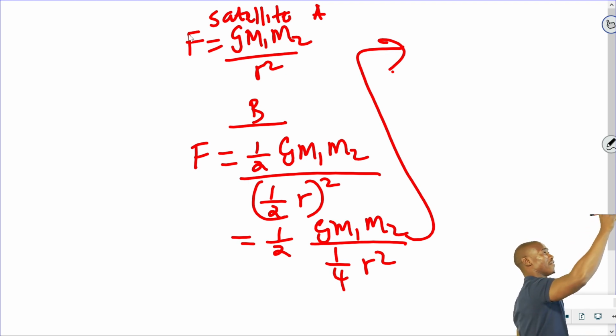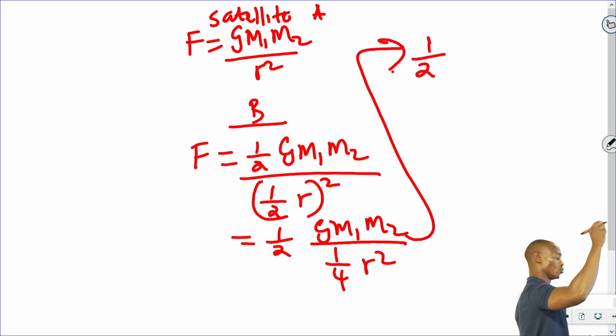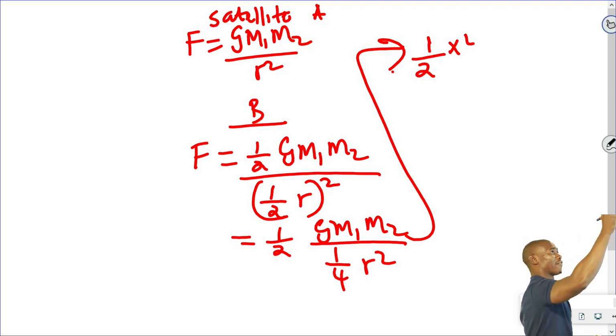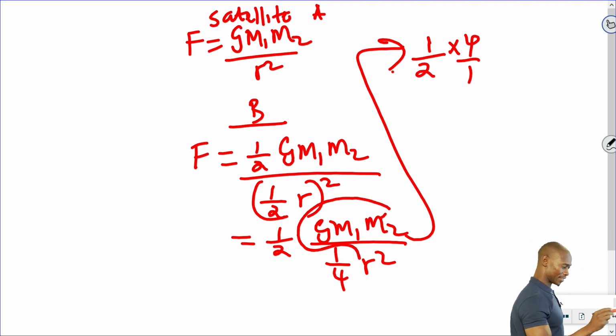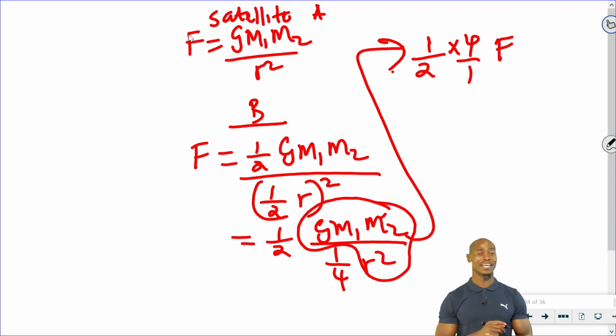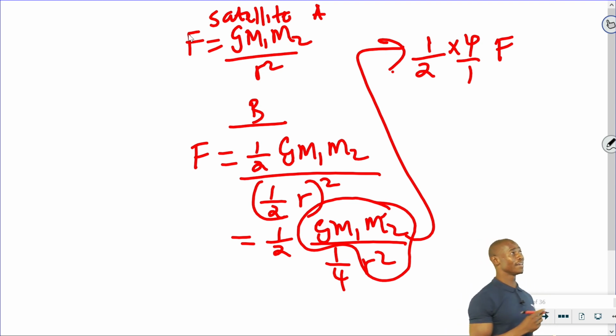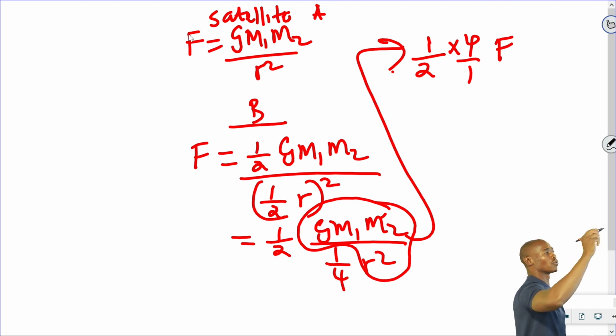Right? So I'm having 1 over 2, multiply that by 4 over 1, and then this is F, which is the force exerted by satellite A on Earth. So 1 times 4 is 4, and 2 times 1 is 2.